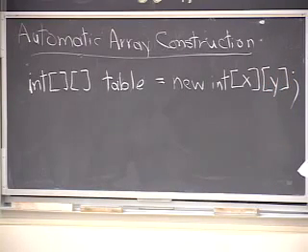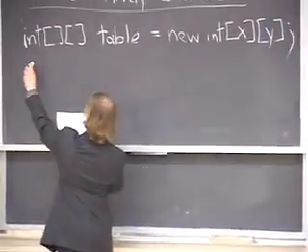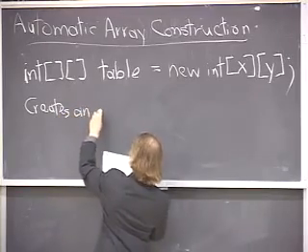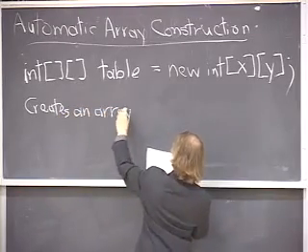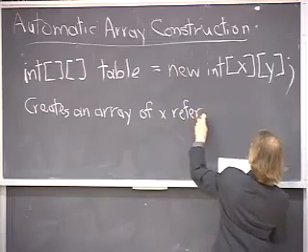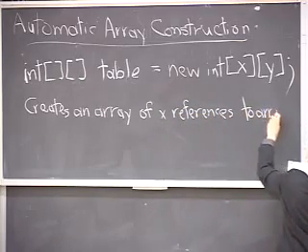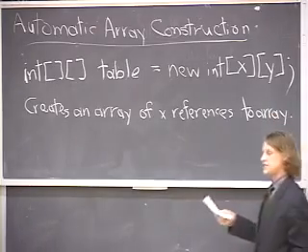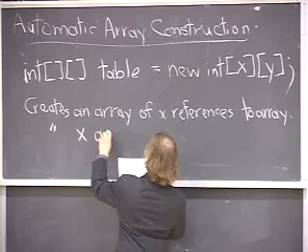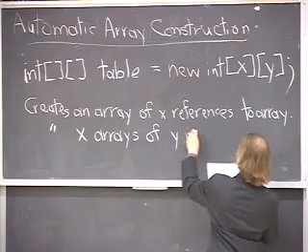And ta-da, Java will create for you, as usual, an array of references to arrays. But in addition, Java will also create for you X separate arrays all at once, each containing Y ints.